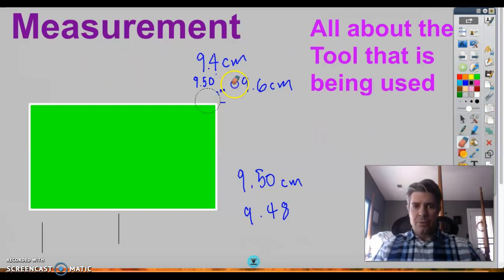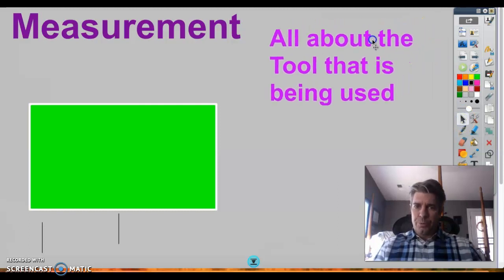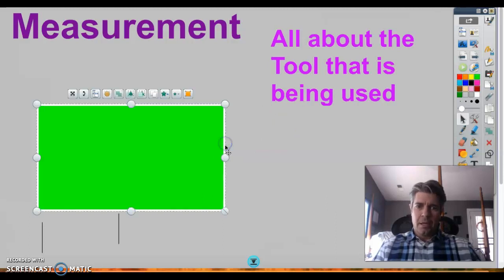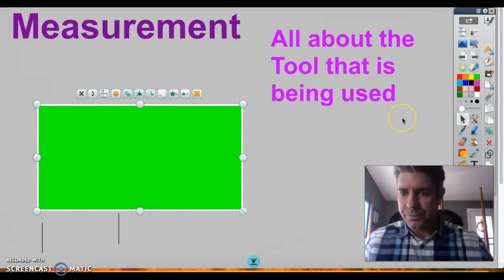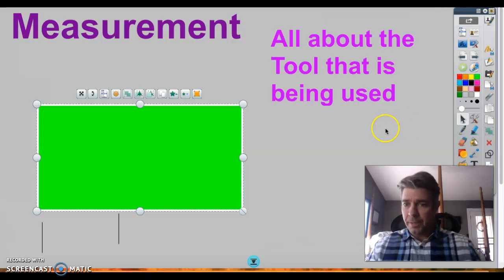And what it comes down to essentially is the tool that you're using. It's all about the tool. You can get really expensive tools. You can get really cheap tools. Hopefully you've gotten a ruler by the time you've seen this video. But really it comes down to the tool. The more expensive a tool, the more accurate you can probably measure.